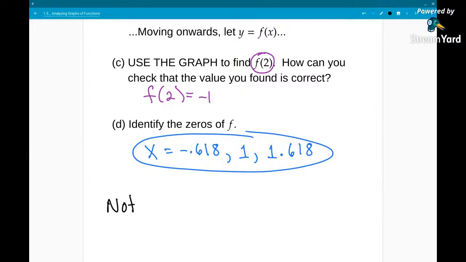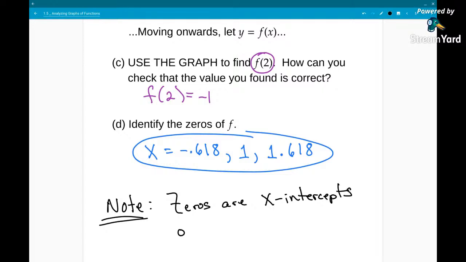Note: zeros are x-intercepts on a function's graph. So that's an important note.